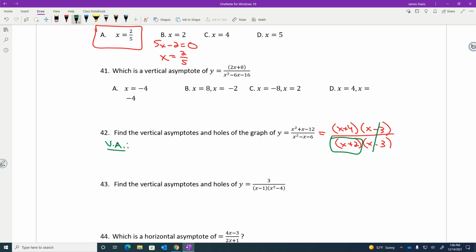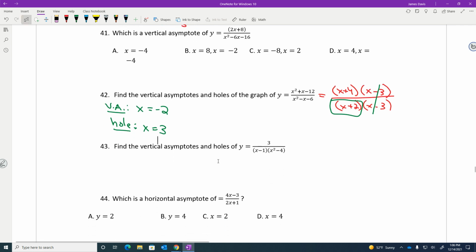You're going to write it as x equals negative 2. And then the hole is the one that canceled. That's going to be written as x equals 3. So the holes cancel, vertical asymptote is just 0 at the denominator.